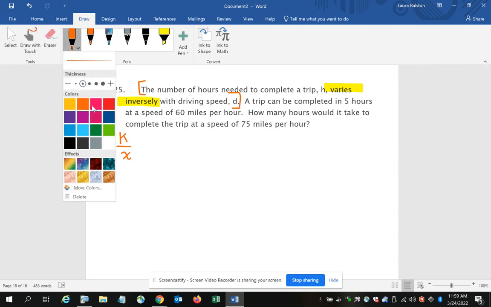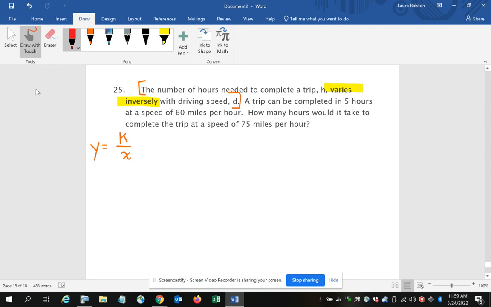So it says the number of hours, h, varies inversely with the driving speed, d. So it's going to be k over d. And then again, at that point, you've got to figure that constant of variation, which you can find using the information in the second sentence.